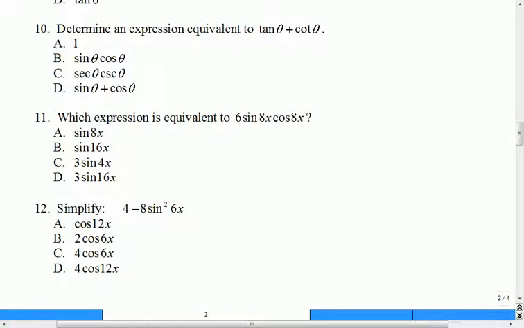Okay, so there are no obvious identities here, so I'm going to try and rewrite this with fractions. So sine theta over cos theta. Sorry, that group in the back there, you guys, you need to hold it together or you're going to be split up. Cos theta over sine theta.